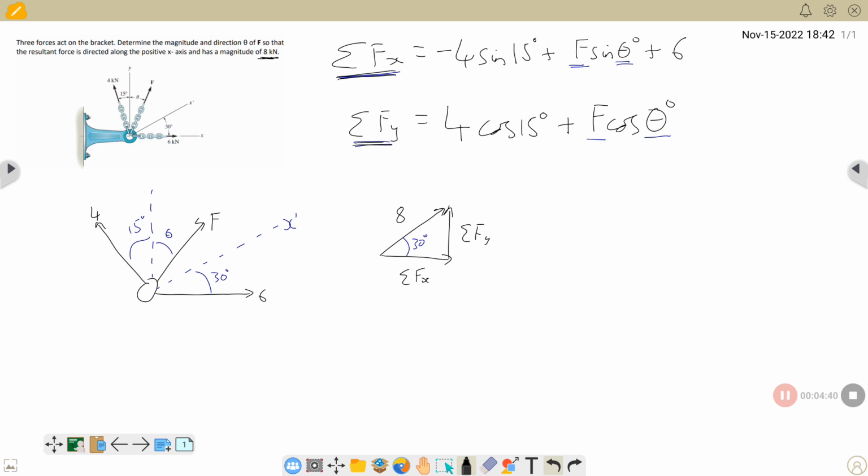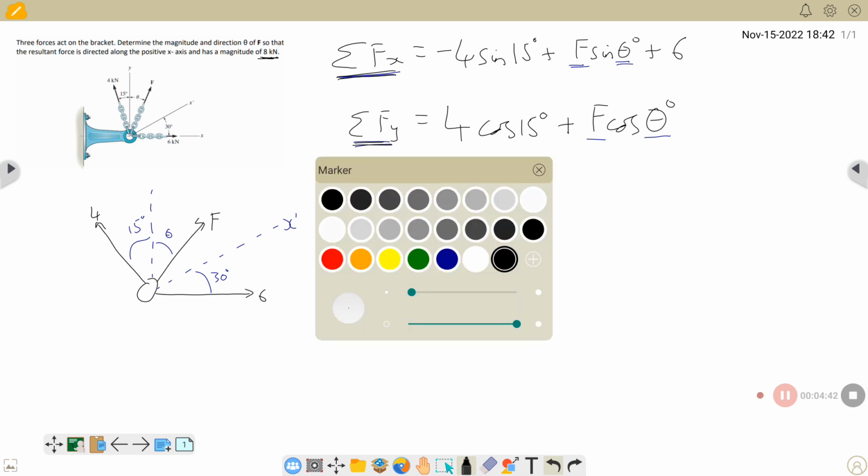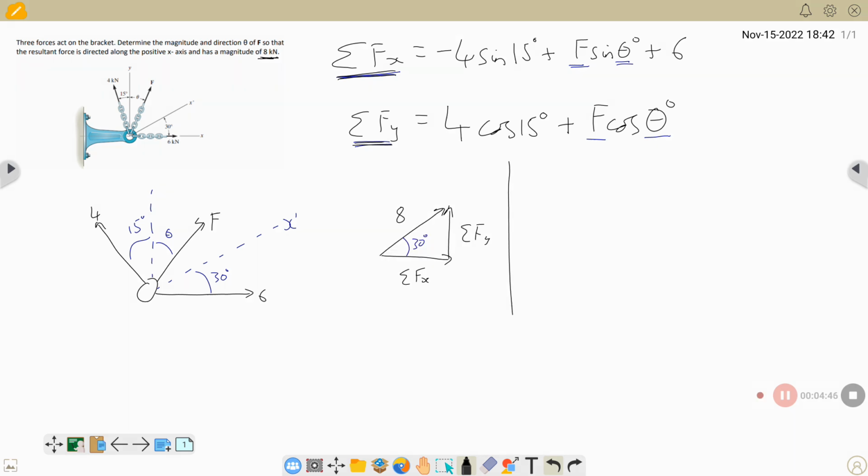So we could go ahead and write out more here using some trigonometry. We could say then that the sine of 30 in this context is equal to the opposite, which is sum of forces in the y, over 8.